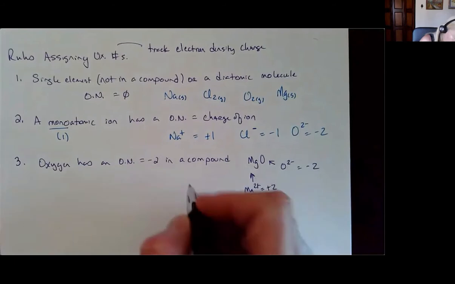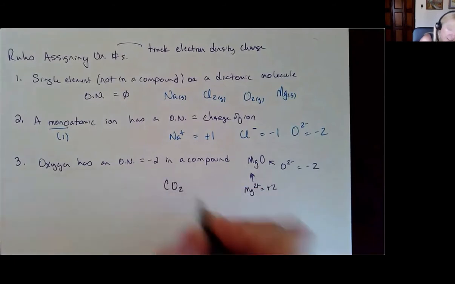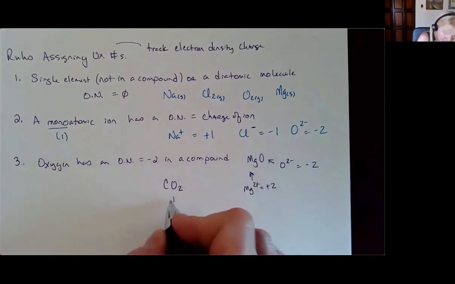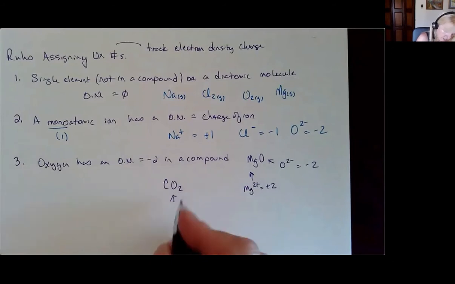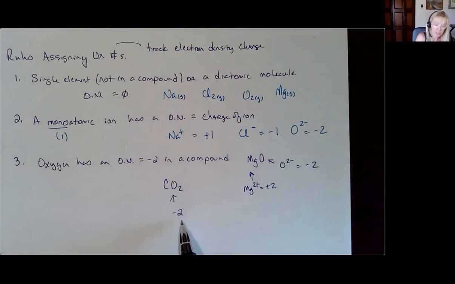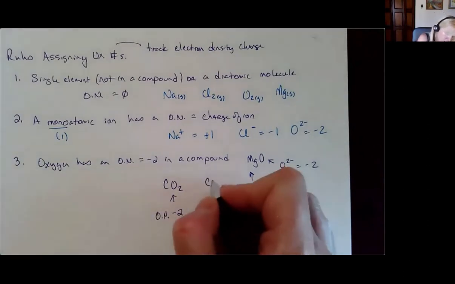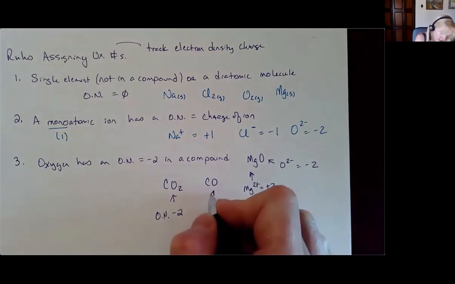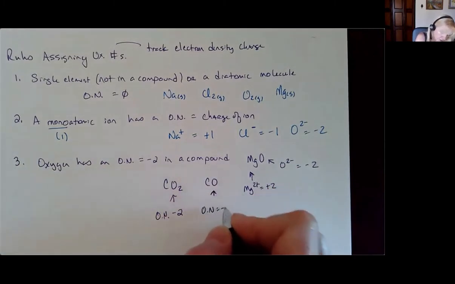But what if I have carbon dioxide, for instance? My oxidation number for each of these oxygens is going to be -2. I have 2 oxygens in there, and each of them is going to have an oxidation number of -2. If I have carbon monoxide gas, that oxygen is going to have an oxidation number of -2.